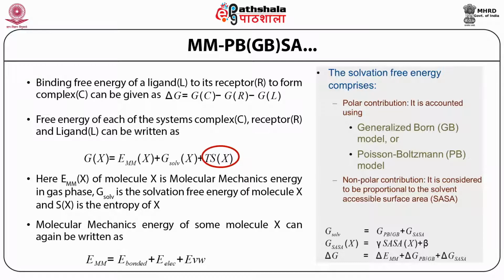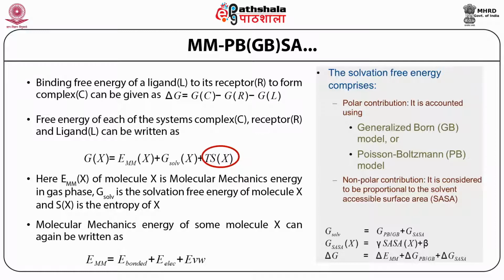It only estimates the EMM. So the total difference of energy is expressed by EMM plus G solve minus TΔS. However, what we are trying to estimate is EMM and G solve. EMM comes from our trajectory of the main molecule, and G solve, G SASA and delta G ultimately come from EMM plus this G SASA and plus this G PB or GB, that is the solvation.